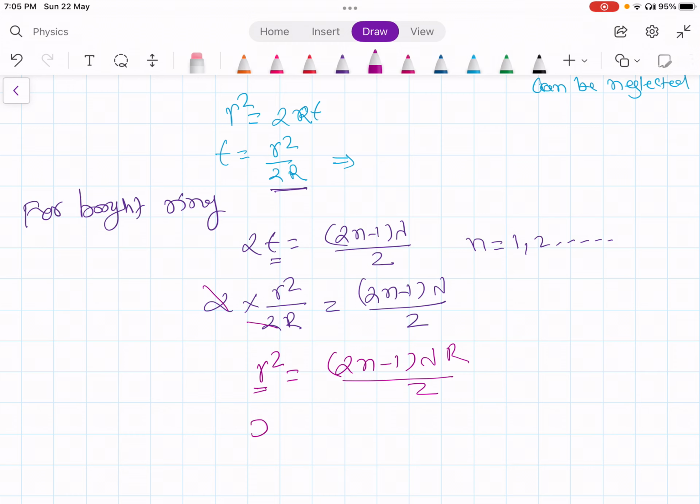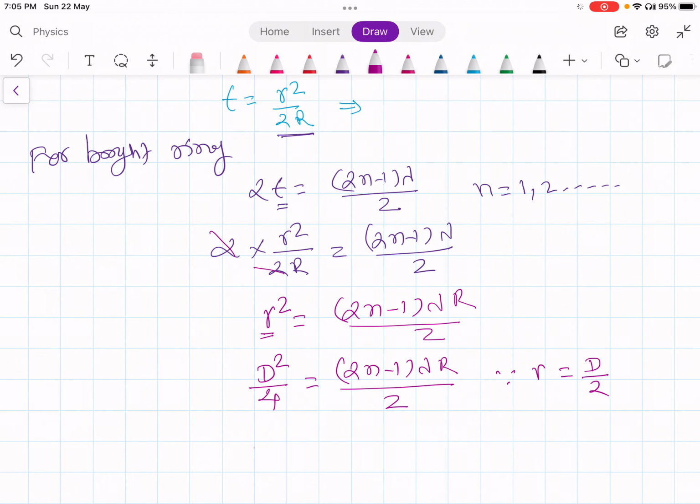We get D square, which is the diameter of the ring, divided by 4 is equal to (2n minus 1) lambda R upon 2, since r is equal to D by 2, diameter half. So we get D square is equal to 2 into (2n minus 1) lambda R.